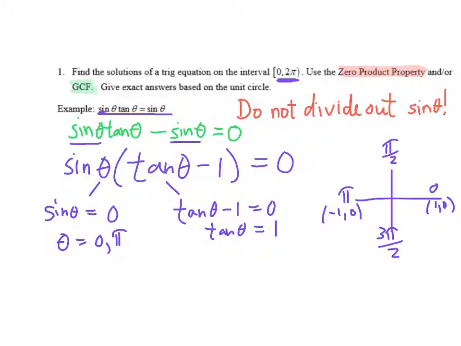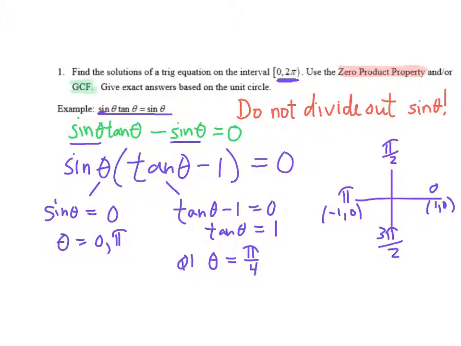And here we have tan equals 1. If you memorized your basic facts, you remember that is a reference 45 degree angle, and it occurs in quadrants 1 and 3. So our theta is going to be our reference angle, or 45, except we're doing radians. So it'll be pi over 4. That'll be quadrant 1.